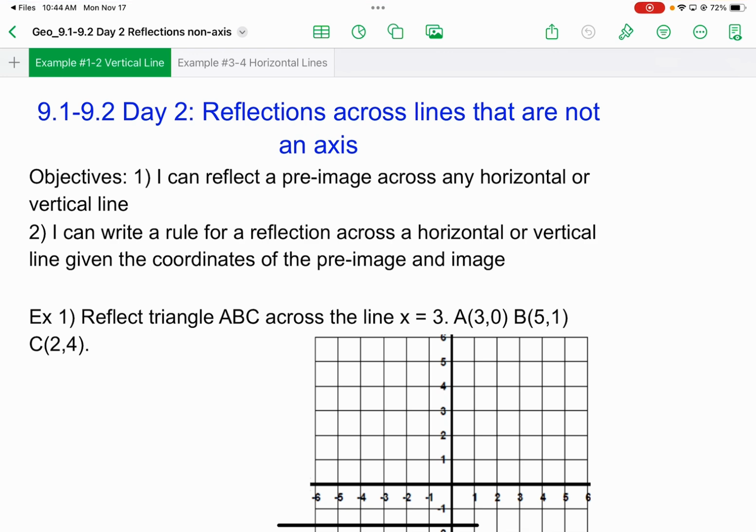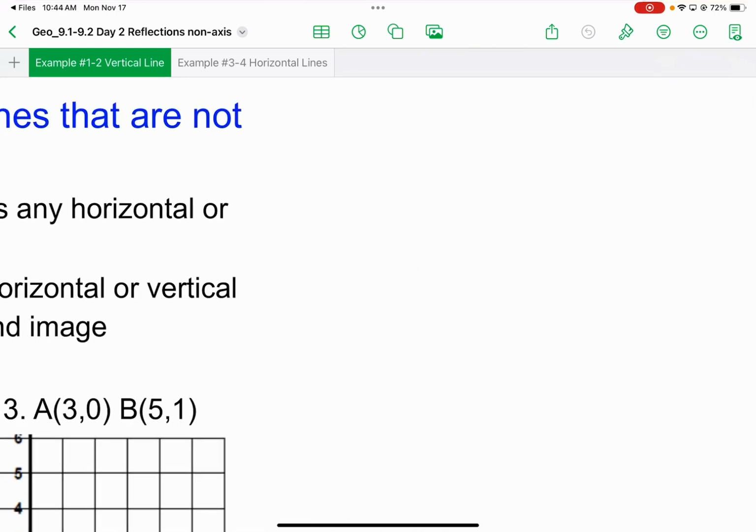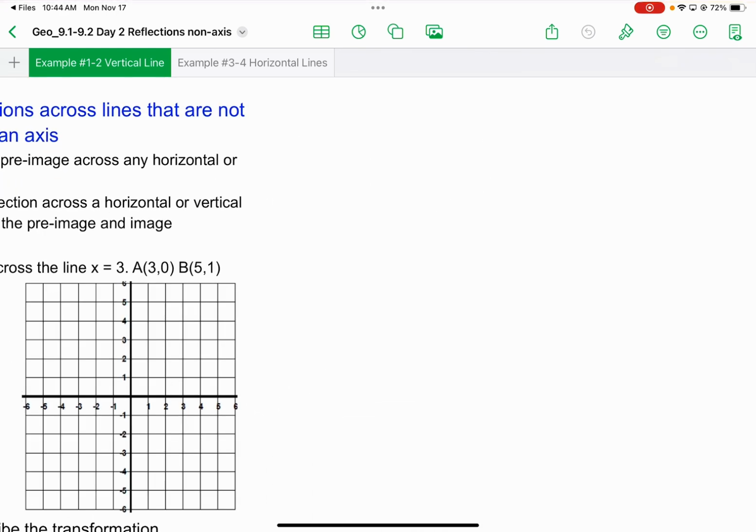First of all, we need to remember our equations for horizontal and vertical lines. So let's do that real quick. If I have a horizontal line, that would be an equation in what form? Anybody remember? Y. Good.